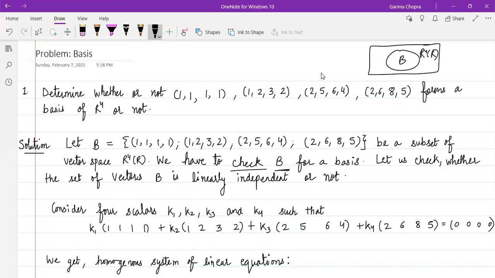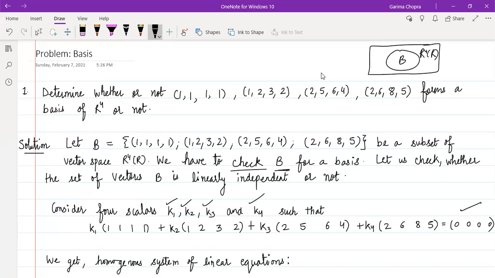So we have considered here four scalars k1, k2, k3 and k4, and in the next step we have taken their linear combination equal to the 0 vector, which is the 0 vector of this vector space R4. It has four components, and all four components are 0.